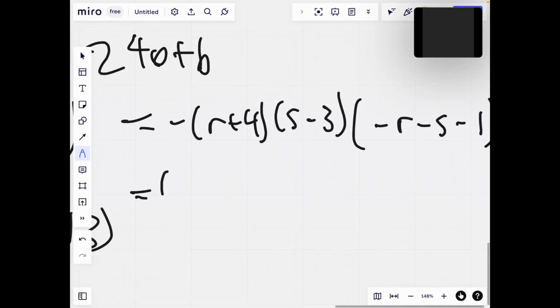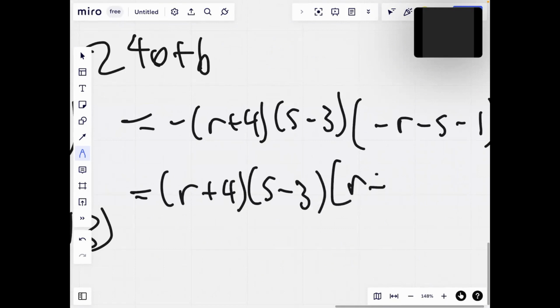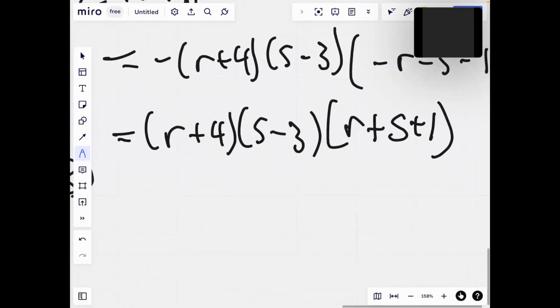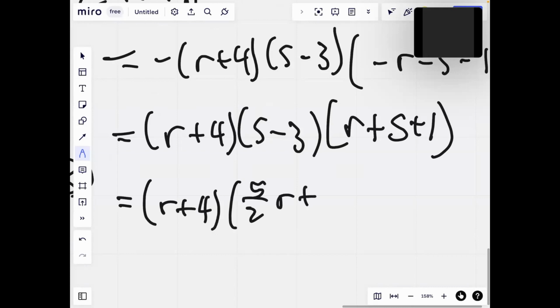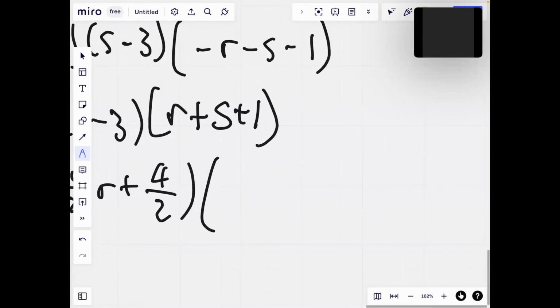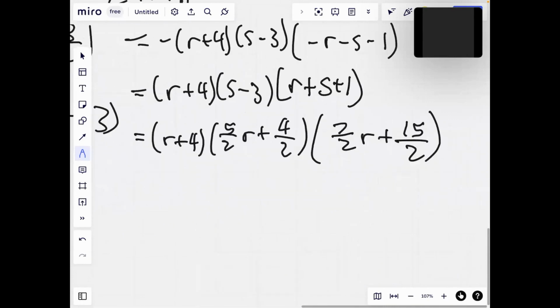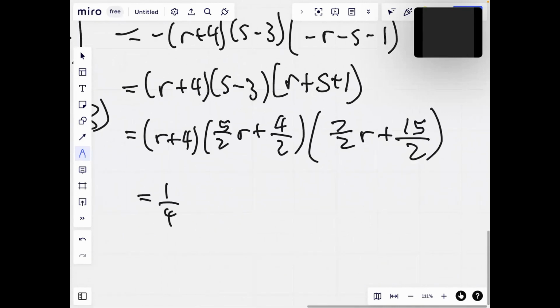And this is equal to R plus 4 times S minus 3 times R plus S plus 1. We can replace our value of S. So we have R plus 4 times 5R plus 4 over 2, times 7R plus 15 over 2. This is equal to one fourth of R plus 4 times 5R plus 4 times 7R plus 15.